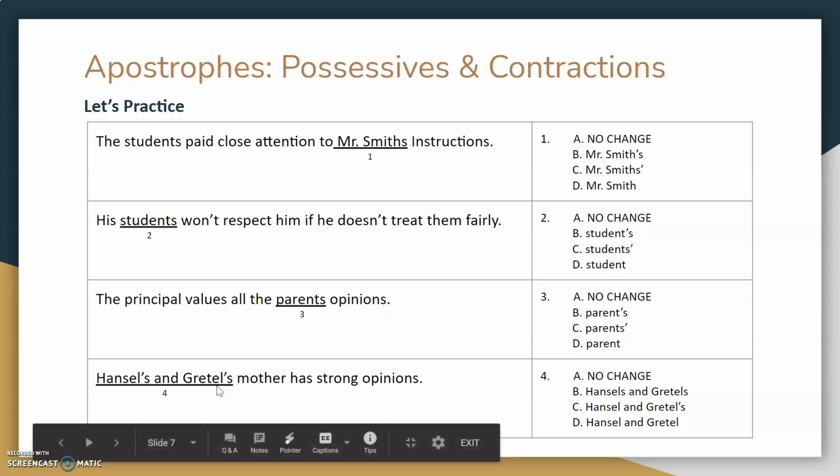It does not. So we need the apostrophe. But remember, Hansel and Gretel, this is their mother together, just like Jack and Jill's bucket together. So we treat it as one possessive noun, and we only need the apostrophe after the second one. C, Hansel and Gretel's.